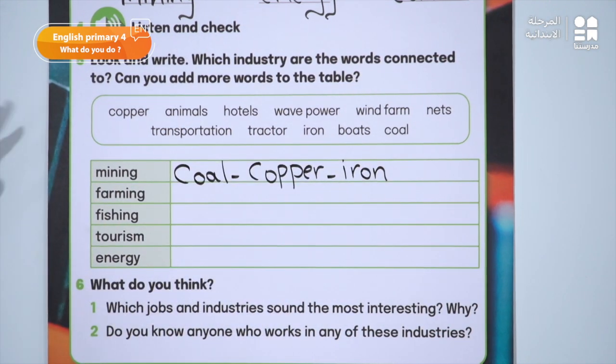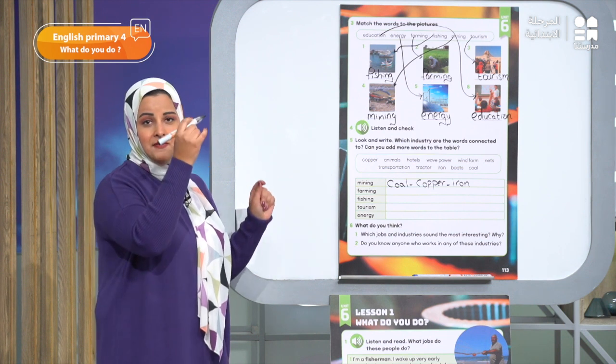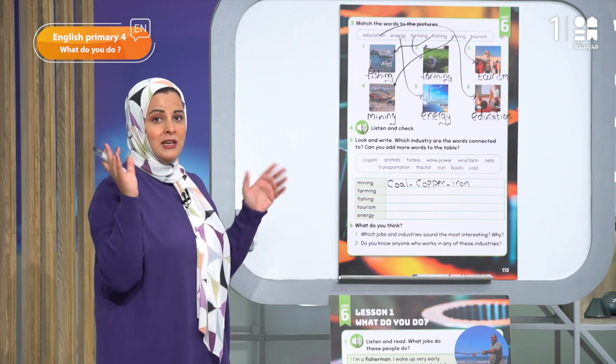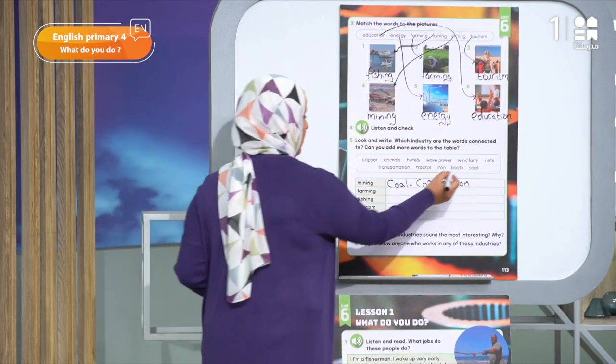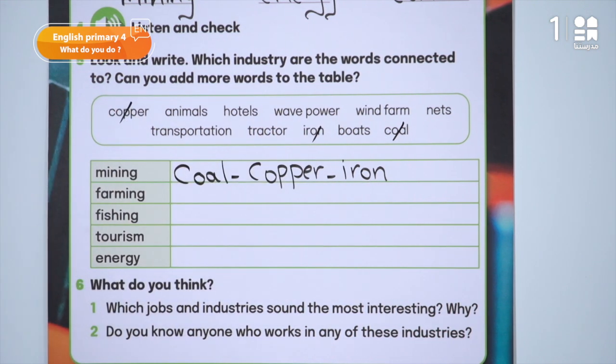You can cross the words out if you want to avoid having a confusion. ممكن ان احنا نشطب على الكلمات اللي استخدمناها علشان ما تعملناش confusion او تلخبطنا شوية. So we use coal, we use iron, and we use copper.